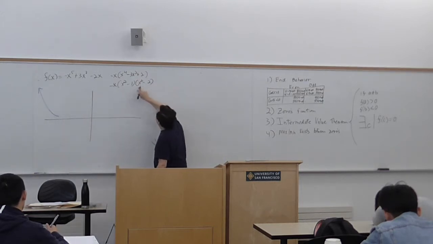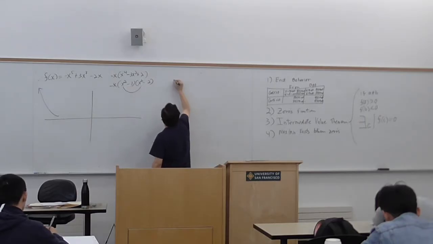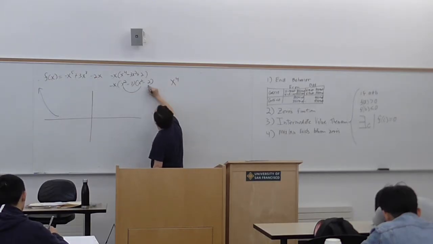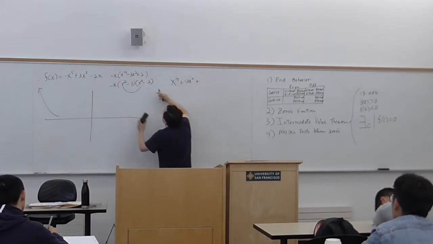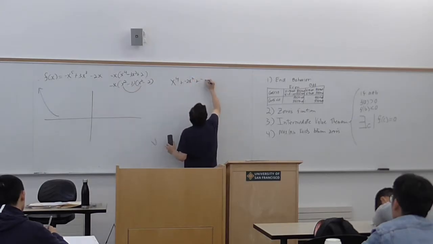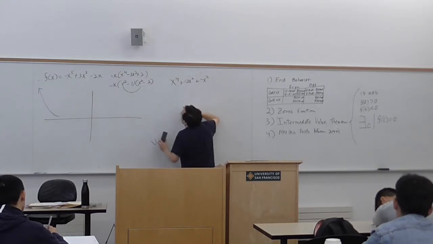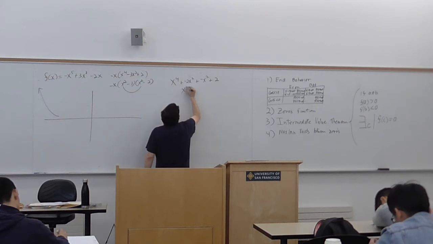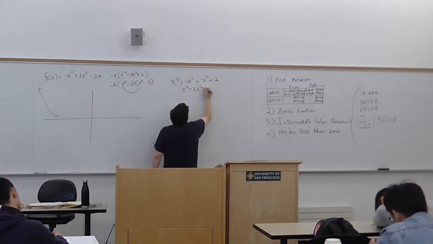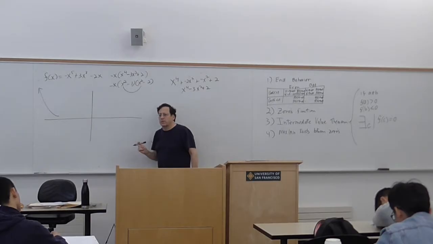Let's FOIL this to check. First, that's x to the 4th. The outer is negative 2x squared. The inner is negative 1x squared. And the last is plus 2. So that's x to the 4th minus 3x squared plus 2. Is that clear?